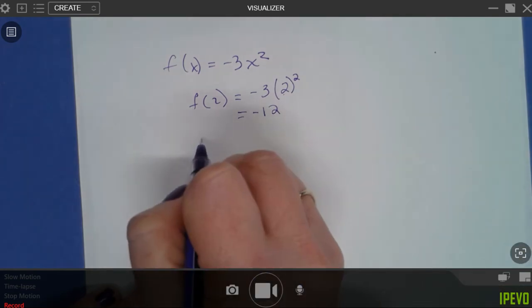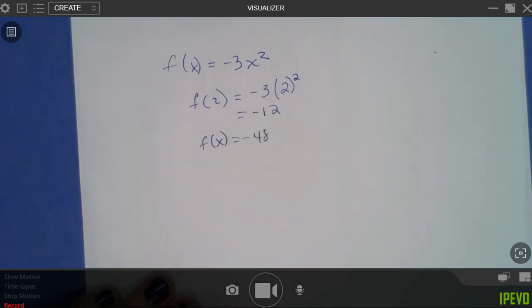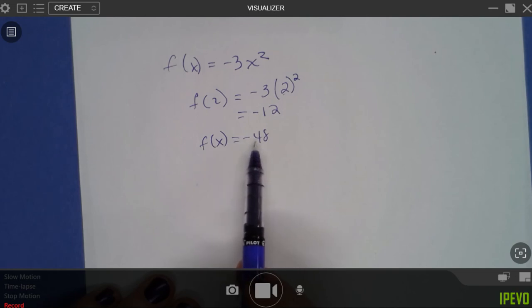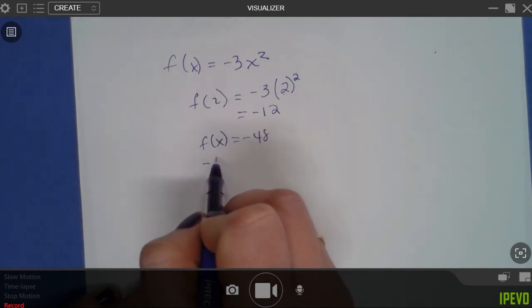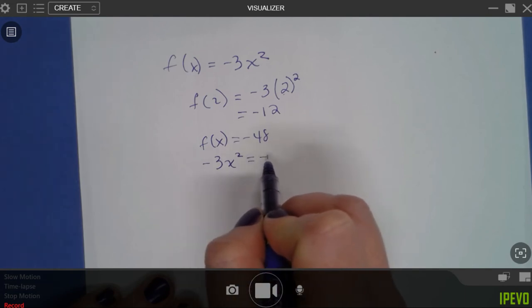But what if they told us f of x equals negative 48? This is a way of saying that the output now is negative 48. Find what x is, a lot of times, is what they'll say. So our f of x equation is negative 3x squared, and I know that equals negative 48.